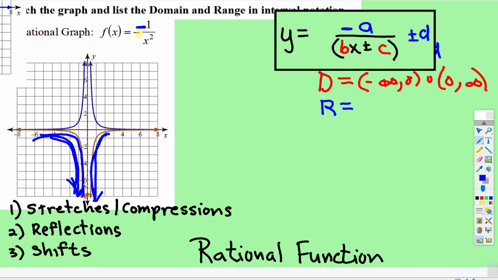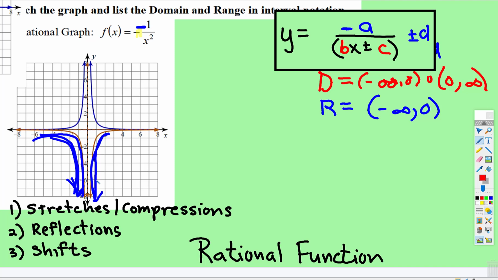A better way to write that is from negative infinity up to 0, because it's not a good idea to put the 0 in front of the negative infinity. That would not make sense because negative numbers are below the 0, or less than the 0.